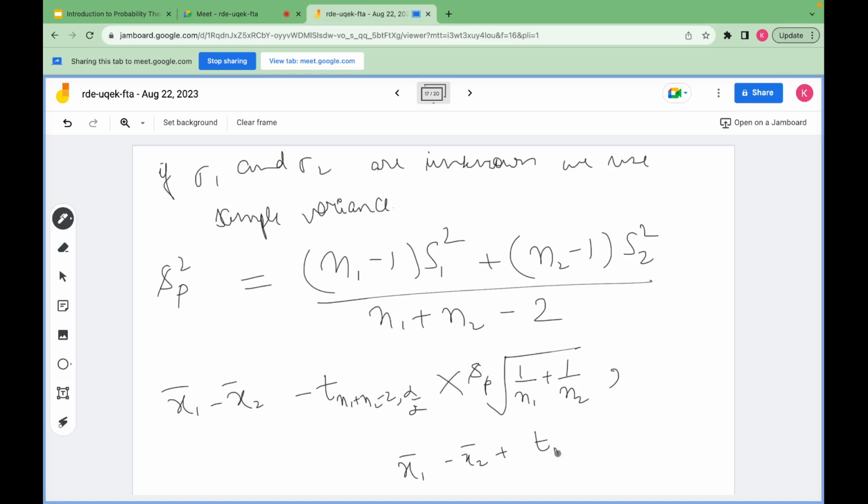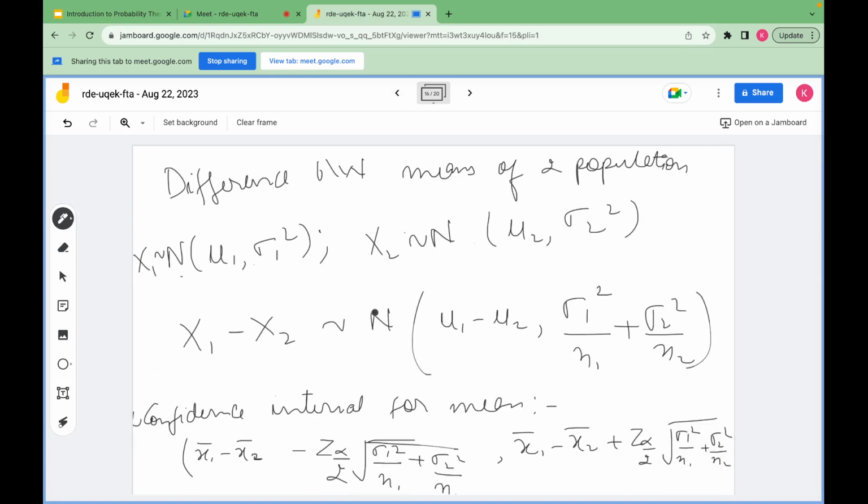So when the variances are unknown, we use the t distribution and the sample variances, and when they are known we use the z distribution and the sigmas.